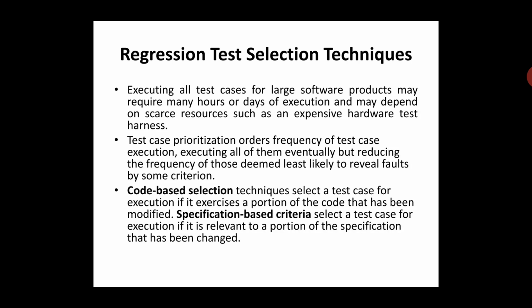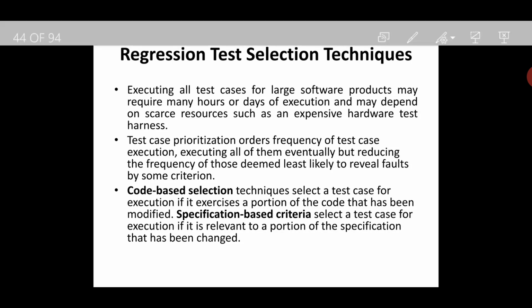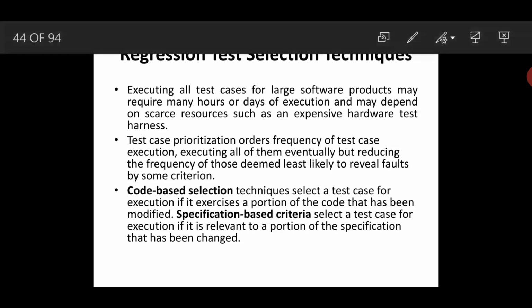if I give you the meaning of code-based, it is related to the test cases that cover or exercise a portion of the code that has been modified. For example, if a program is there and only some function has been modified in that particular program, then only that particular function needs to be executed. That means the test cases related to that particular portion need to be executed.